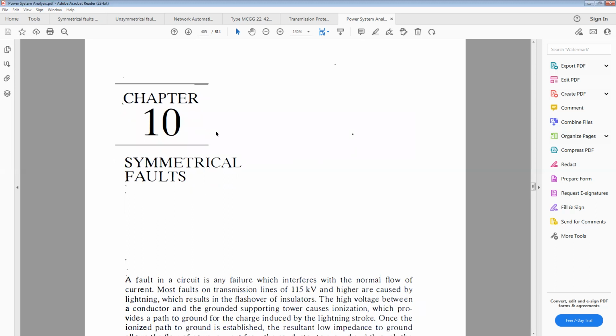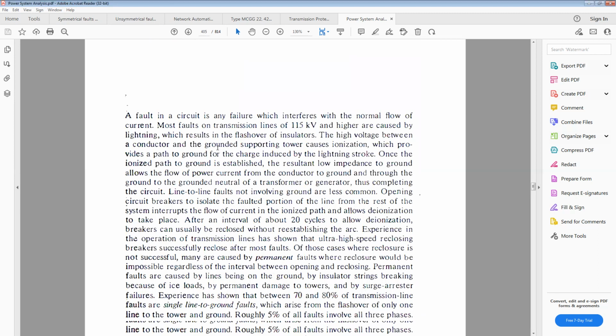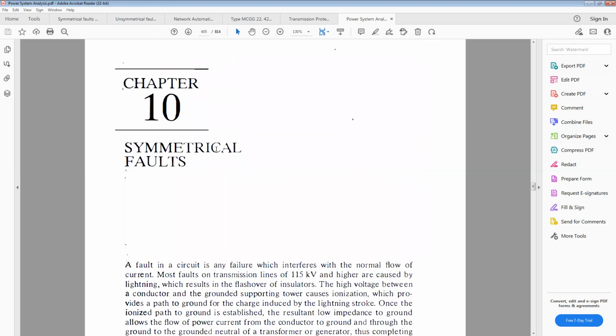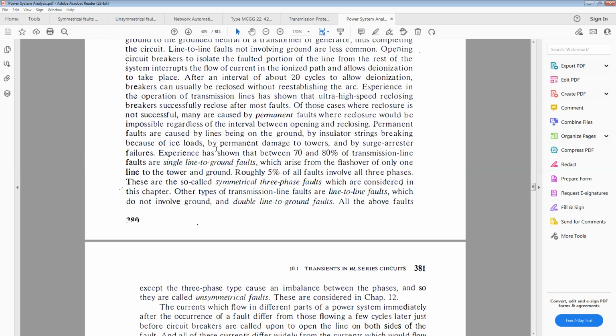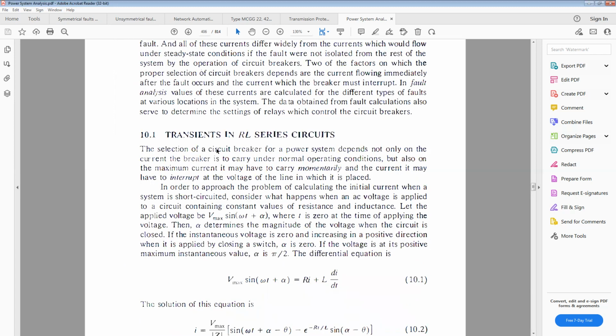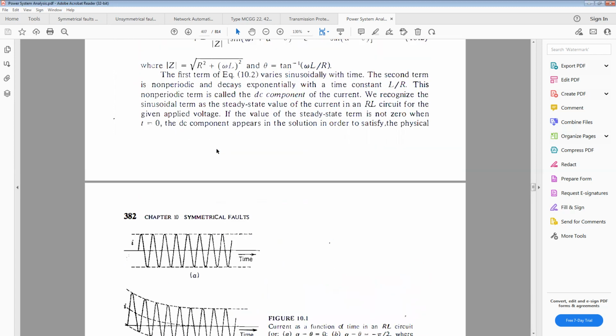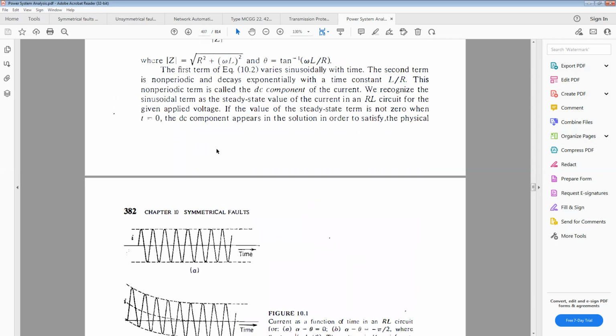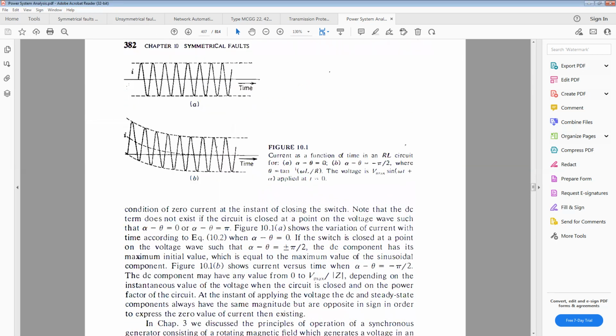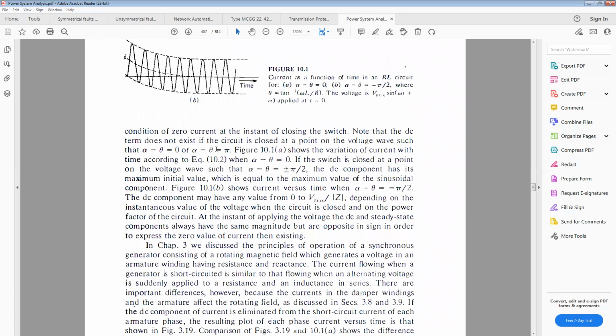This is chapter 10, and this especially deals with the three-phase system when the three-phase system symmetry is the same, or we call it balanced faults. Basically this kind of fault happens when all three lines are faulted.